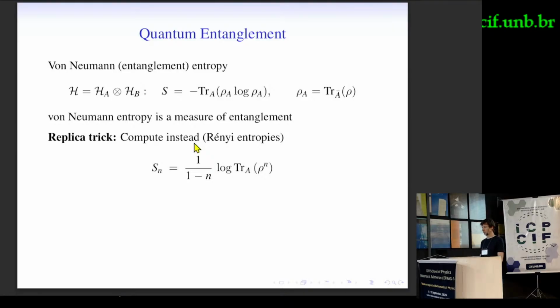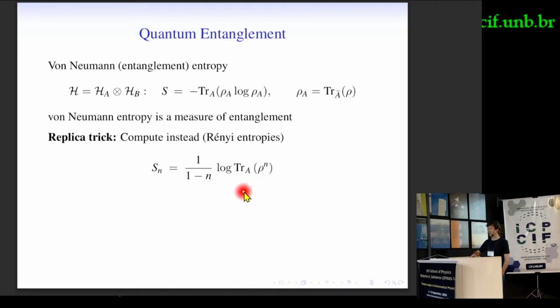And one simple way, a useful trick to compute this entropy, because it involves the logarithm of matrices, is called the replica trick. So in the replica trick, you compute not the logarithm of the matrix, but in certain cases it's easier to compute the powers of the matrix, integer powers.